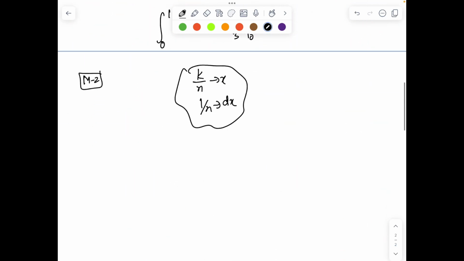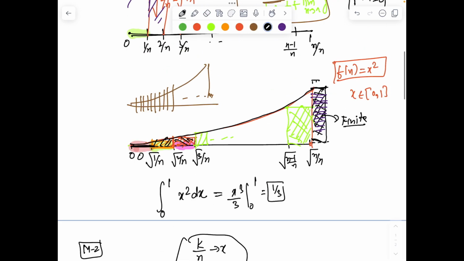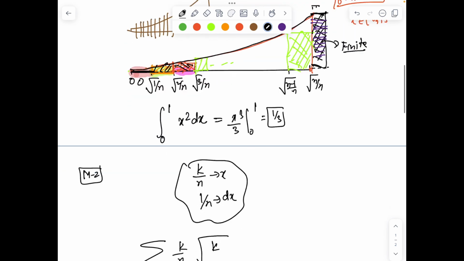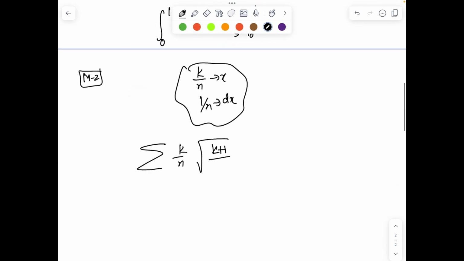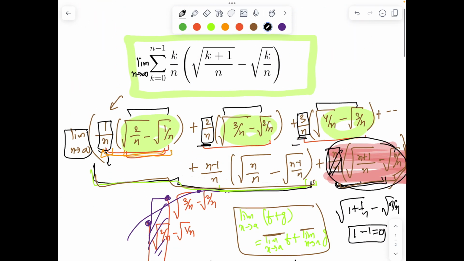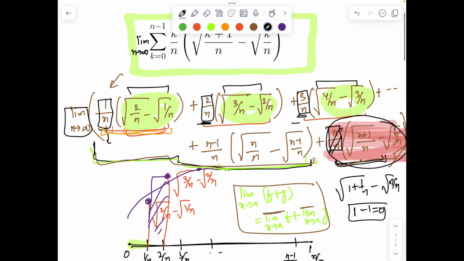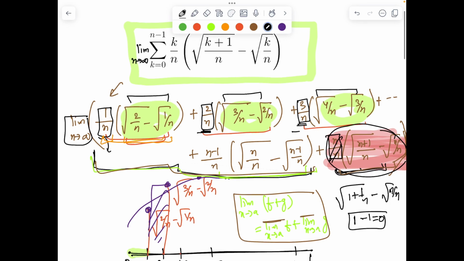But here unfortunately, blindly I'll do it, so I'll get sigma k by n times root over k plus 1 over n minus root over k by n, where k is going from 1 to n, limit n tends to infinity. K is going from 1 to n minus 1, right?